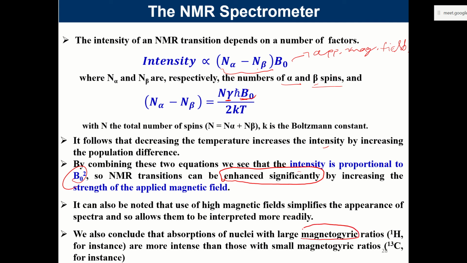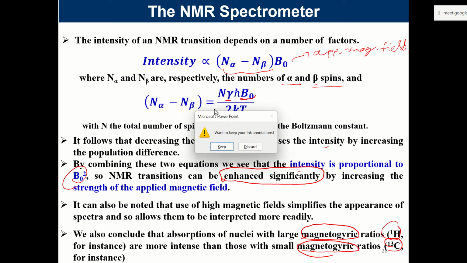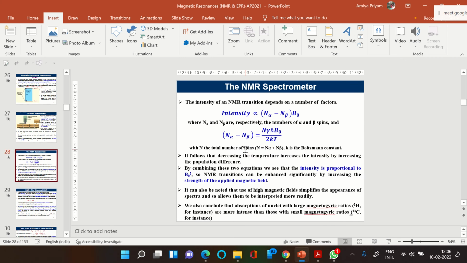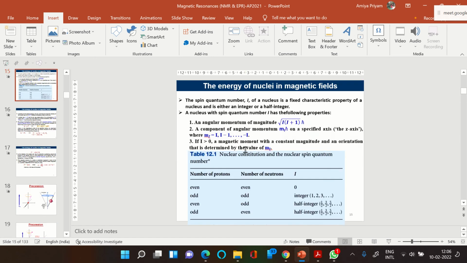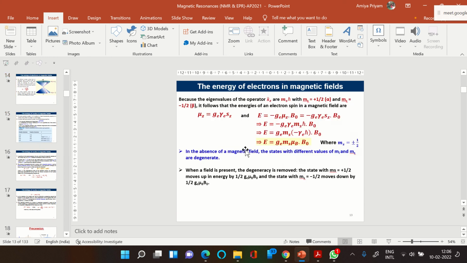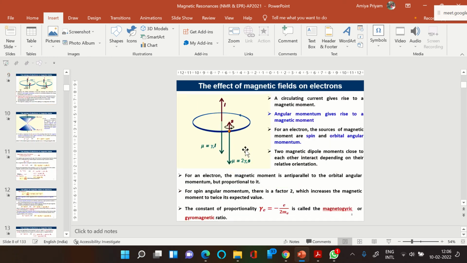Magnetogyric ratios. If you compare the magnetogyric ratio of a proton, H1, the hydrogen atom, the magnetogyric ratio for hydrogen is much more as compared to the magnetogyric ratio of 13C. If you want to see, let's go back to the previous slide. We have the data to highlight this point, which will be easier to understand. One minute, I have to go back. Where did it go?